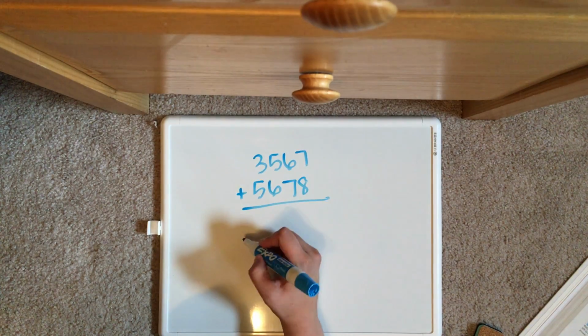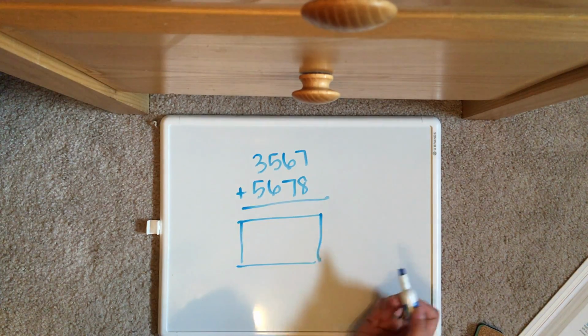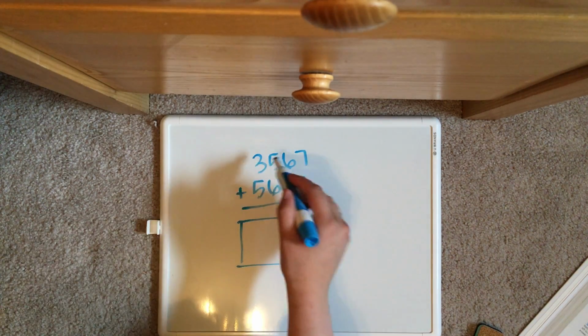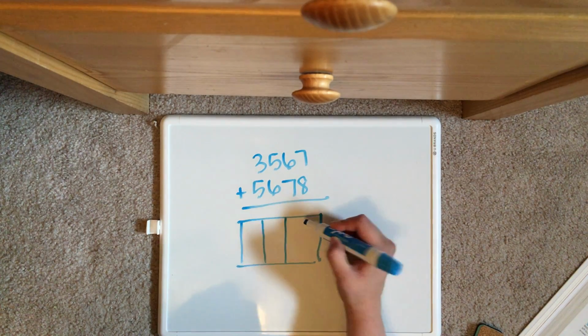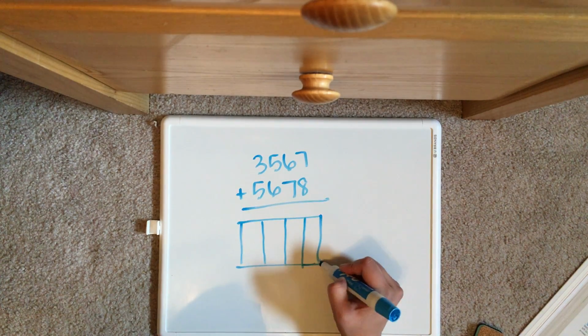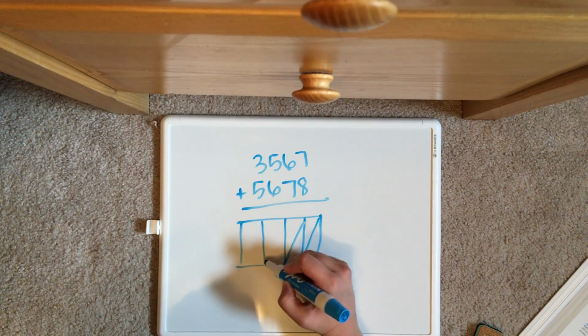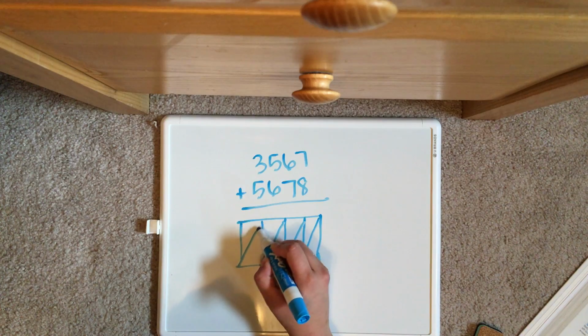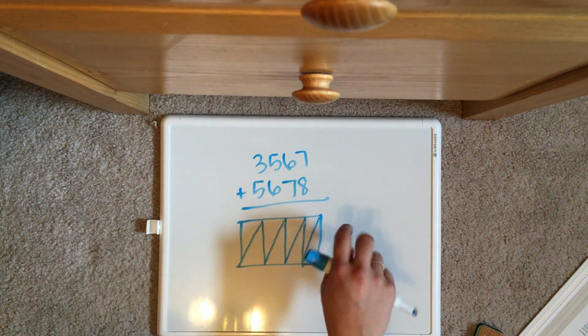So we would set it up like we regularly would. And then because we have 4 numbers in this, each number will get its own little square. We then go to just solving each like we regularly would do.